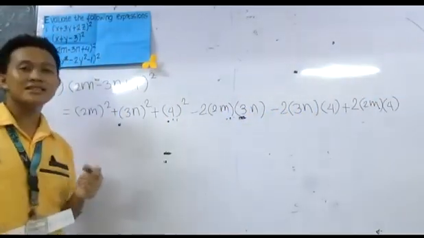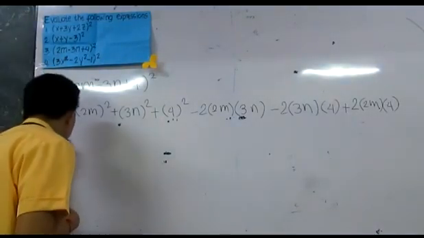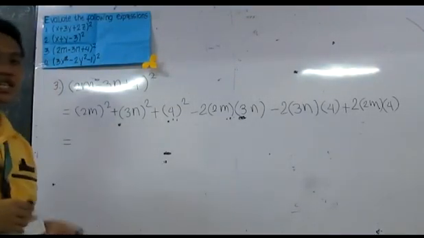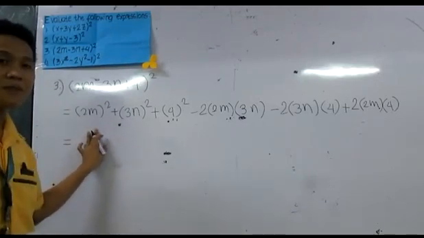Now let's try to simplify the expression. Now, this expression is now equal to 2m squared, or quantity 2m raised to the power of 2.